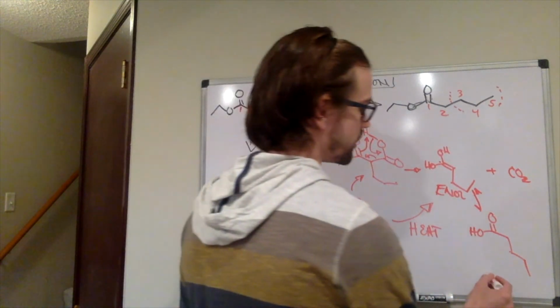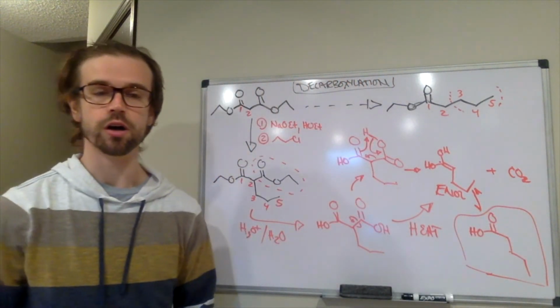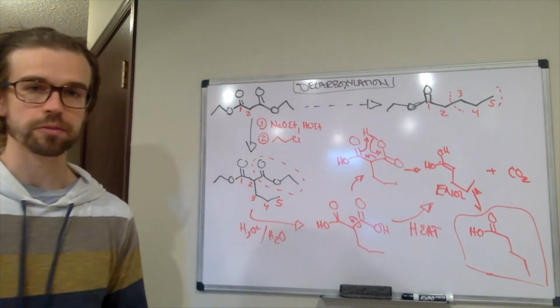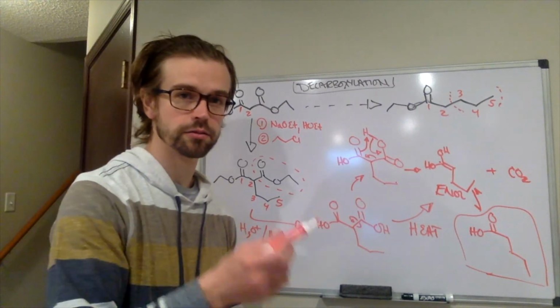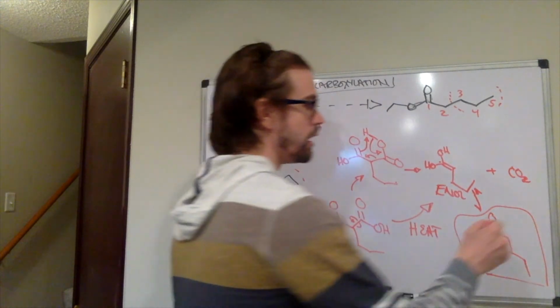We take that carboxylic acid product from this step, and we're just going to use our Fischer esterification conditions that we talked about in a previous chapter to re-add that ester. How did we do that?